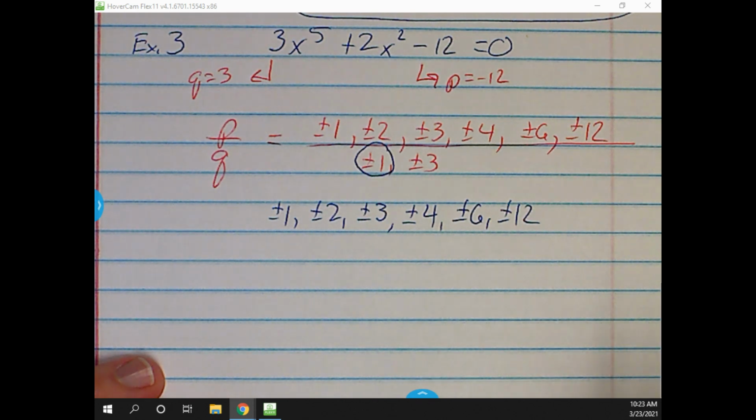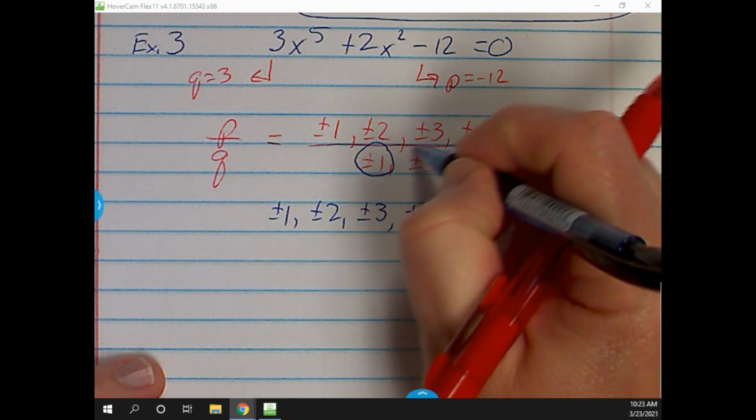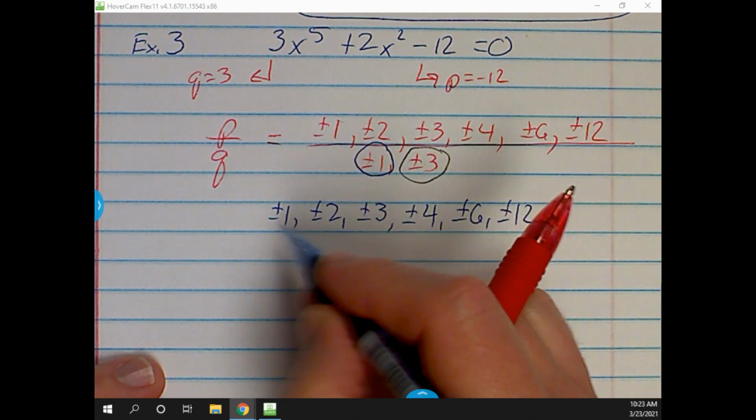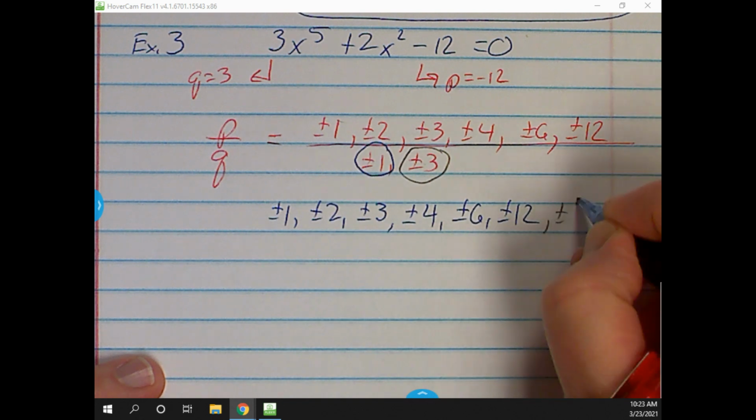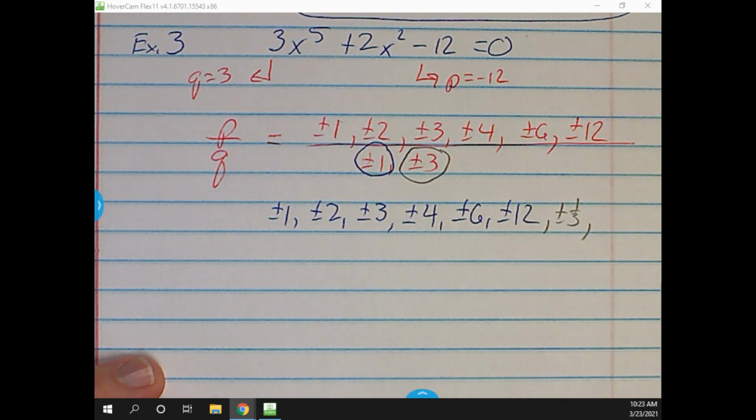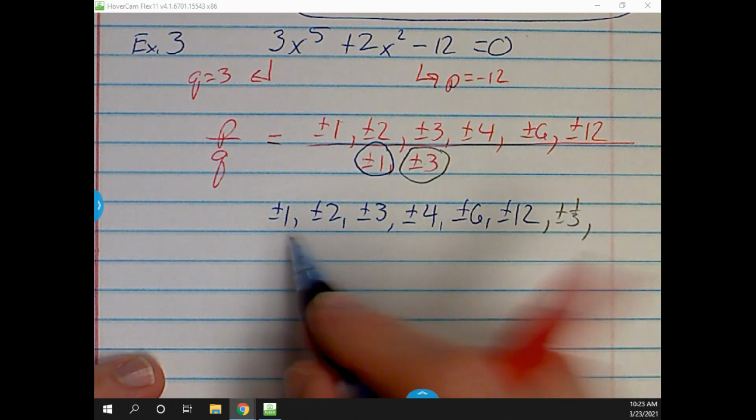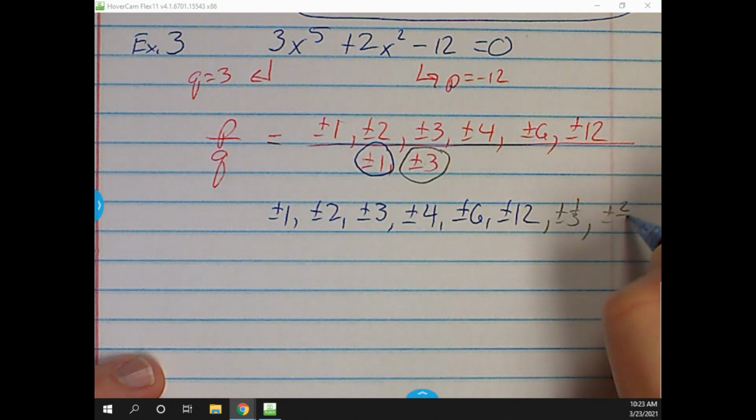Now, we're not going to list all the fractions this time because we're just going to put the ones that we need. If we start dividing everything by 3, we've got 1 divided by 3. Well, that's not on the list, so we'll put in 1/3. 2 divided by 3 is a fraction. It's not on the list, so we'll go ahead and put that.